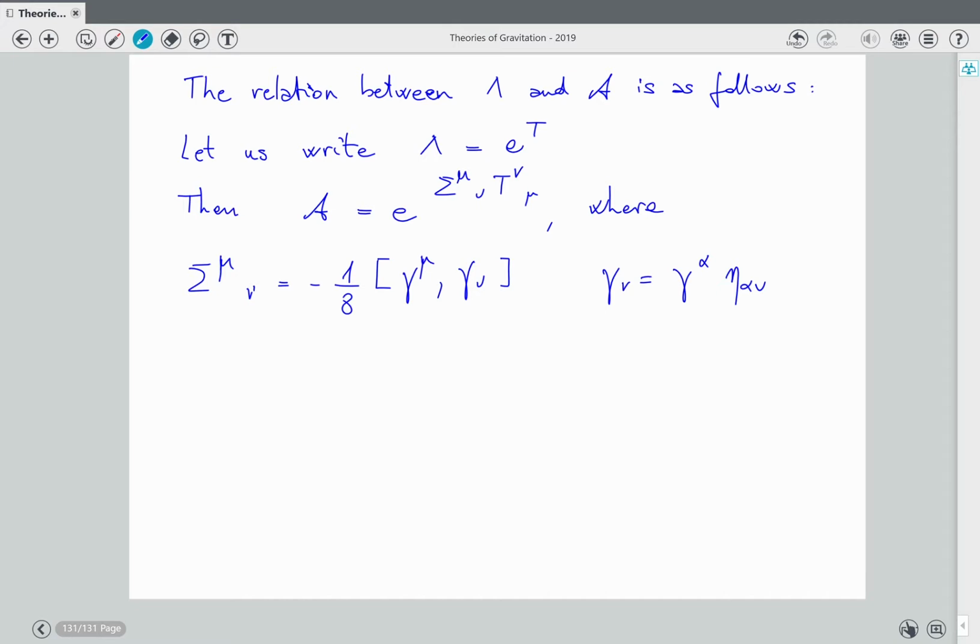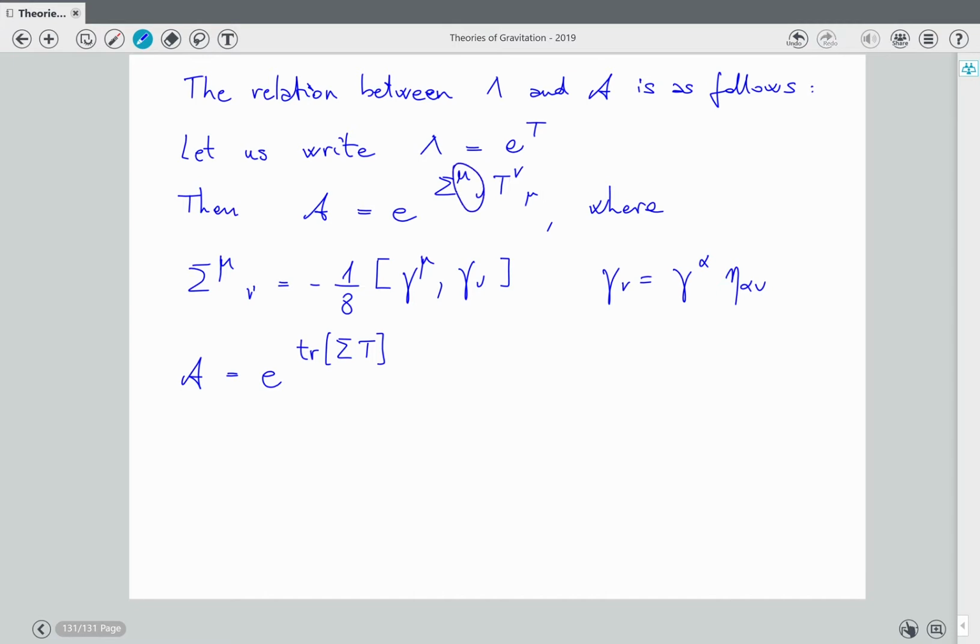So basically A is e to the trace of sigma t, where the trace is understood to be in these indices only, because t has only these indices.